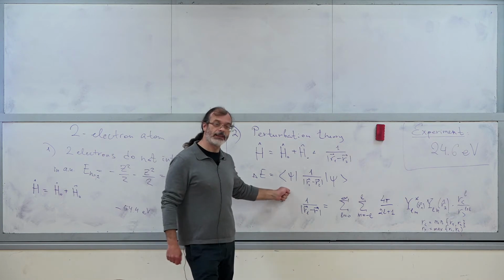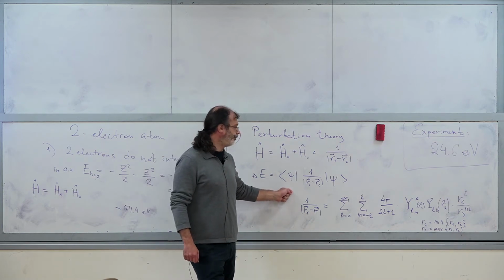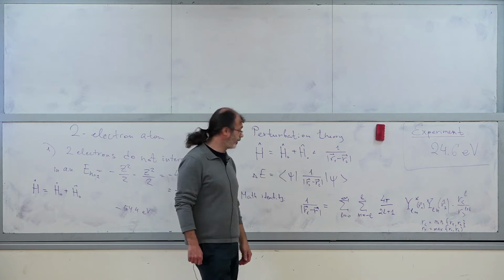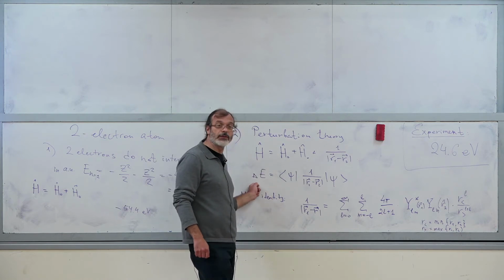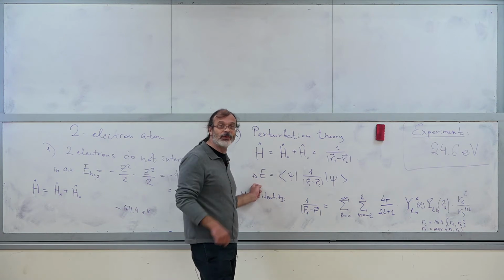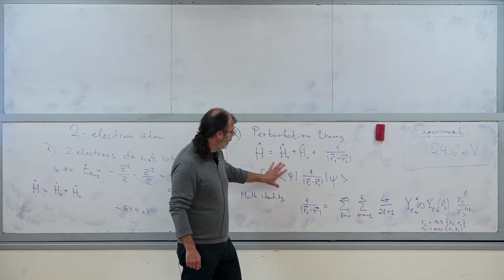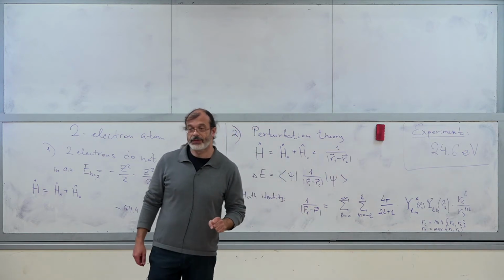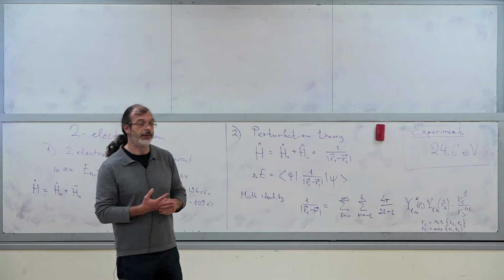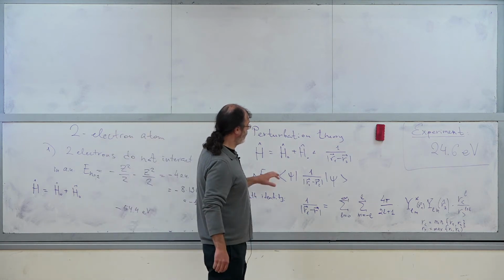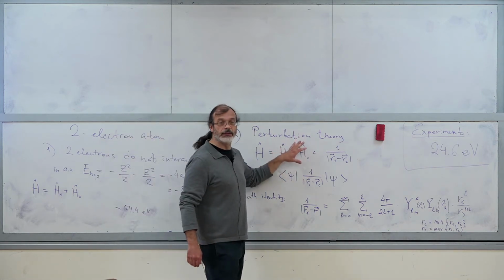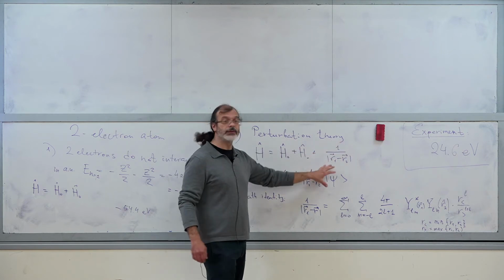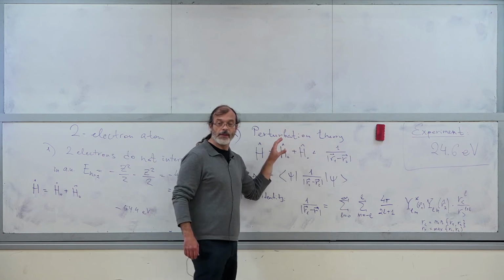This part requires us to make a certain assumption about the wave function, because if you want to calculate this correction to the energy, we have to close this energy between the two wave functions, and we have to know what these wave functions are. So we assume that this is the correct Hamiltonian and this is the perturbation. So this wave function should be the solution of this Hamiltonian.